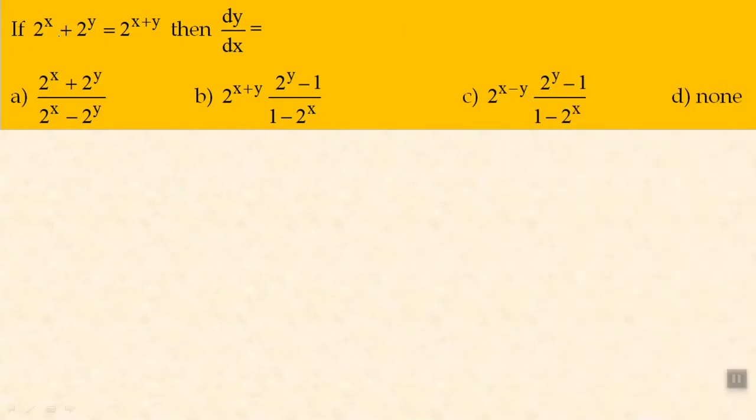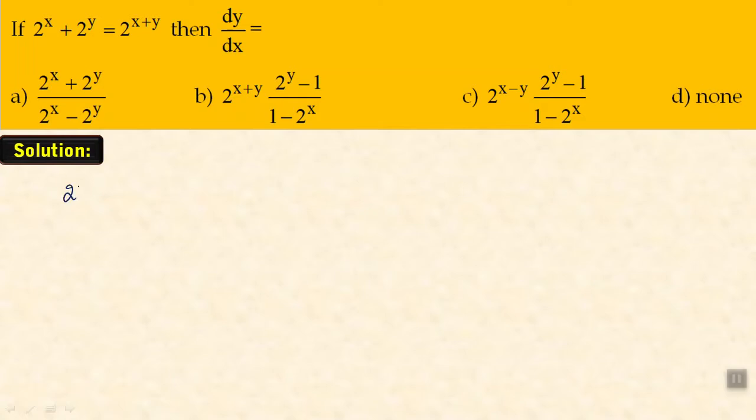The question is, if 2 power x plus 2 power y is equals to 2 power x plus y, then dy by dx is equals to, options are 2 power x plus 2 power y divided by 2 power x minus 2 power y, 2 power x plus y into 2 power y minus 1 divided by 1 minus 2 power x, 2 power x minus y into 2 power y minus 1 divided by 1 minus 2 power x, none. Let us find this.